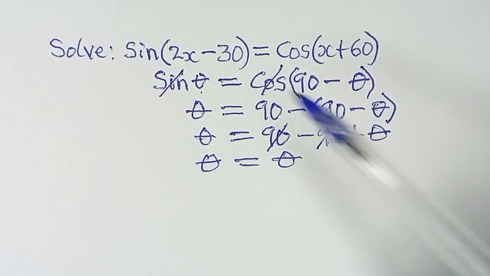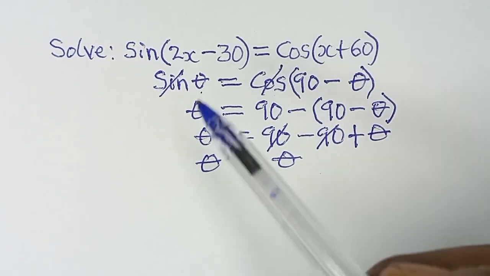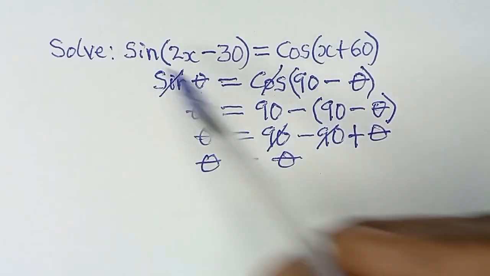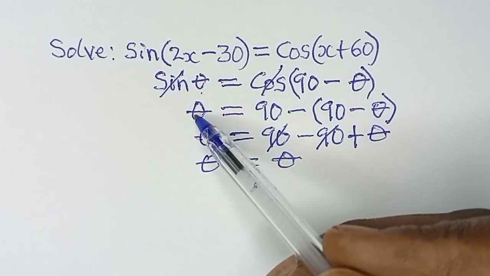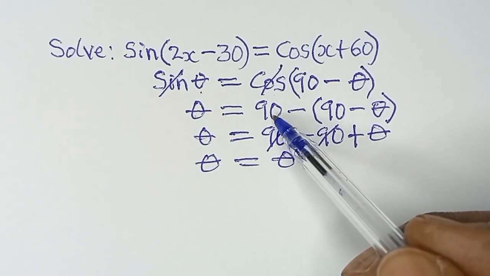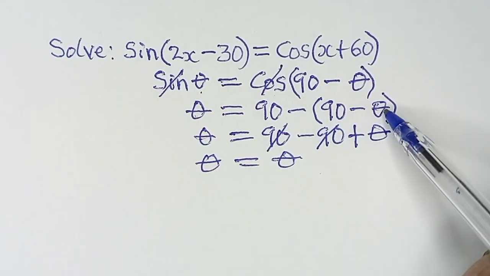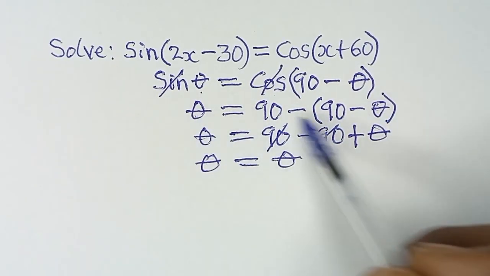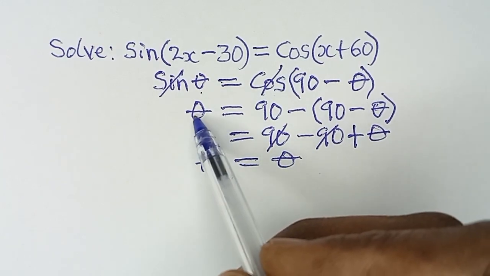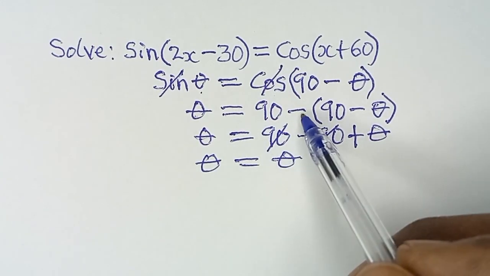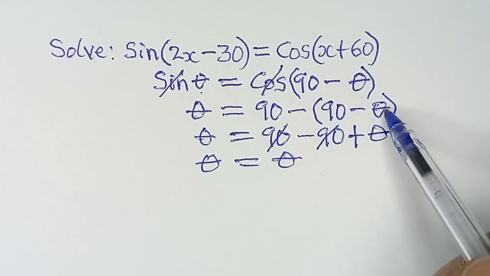So you can see that we have been able to establish that if you ignore the sine and cosine part, the angle that you have on the left-hand side is equal to 90 minus what you have on the right-hand side. That is what we just proved. You can see that it is exactly equal: what you have on the left is equal to 90 minus what you have on the right.